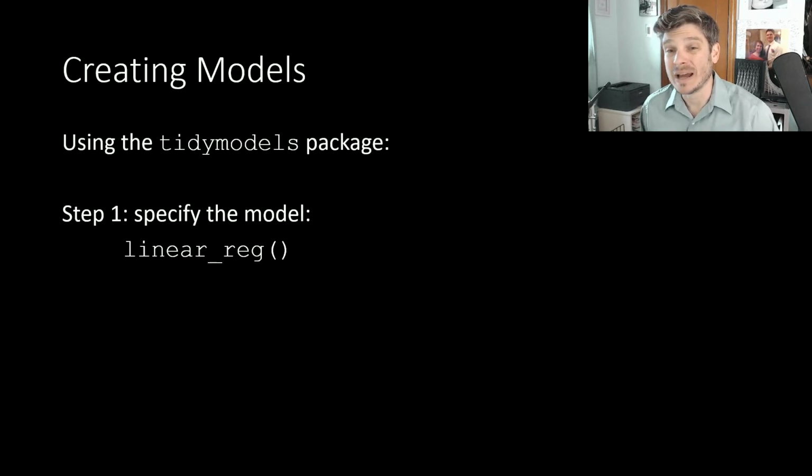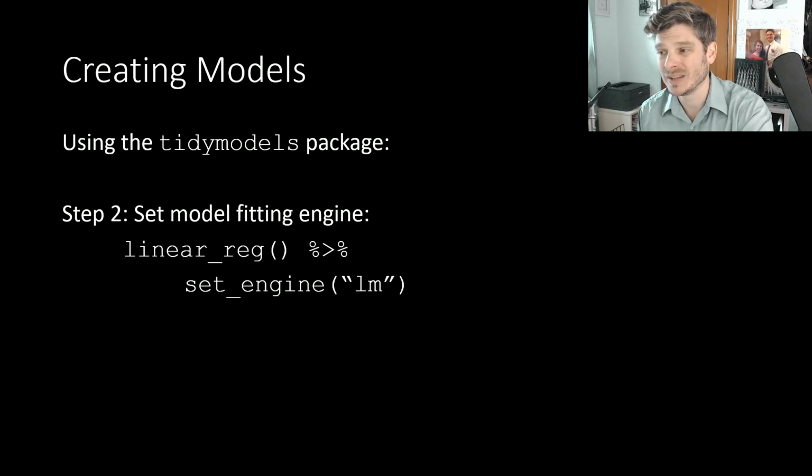Okay, now how can I use the tidymodels packages based on my data? We're going to start with just linear regressions and come up with linear regression lines. So the first step in my code would be to specify the model, and I want a linear regression model. Then I need to pipe that into the set_engine function. We're using the tidyverse scheme where we keep piping.